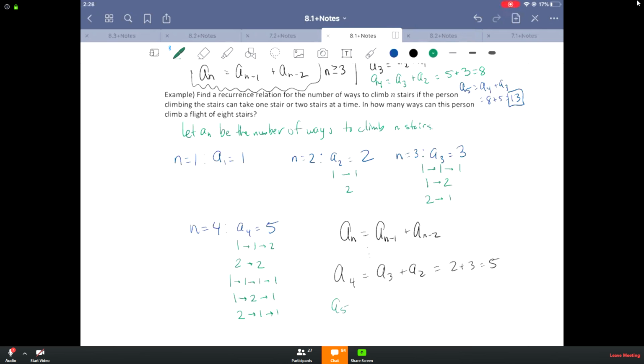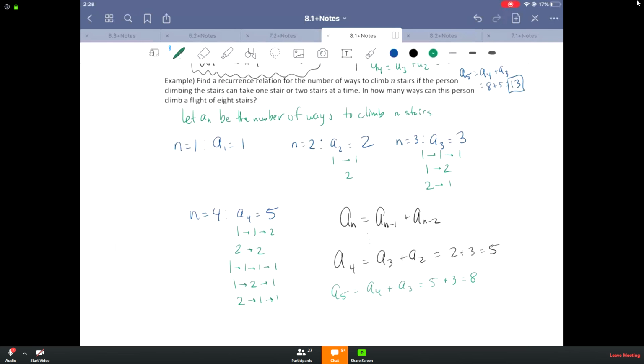So then a sub 5 is going to be a sub 4 plus a sub 3. So that'll be the 5 plus 3, that is the 8. You're going to start to see the sequence come into play. A sub 6, that's a sub 5 plus a sub 4. That is your 8 plus 5. That is 13. Remember, we want 8 flights of stairs.